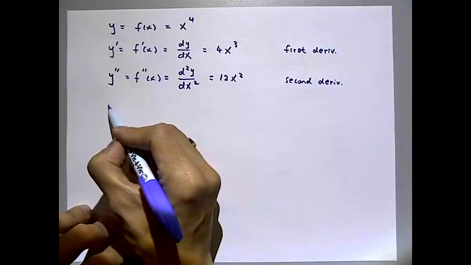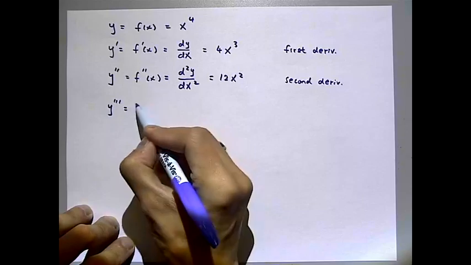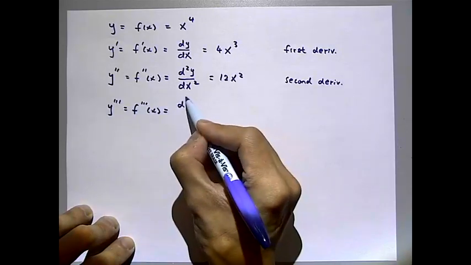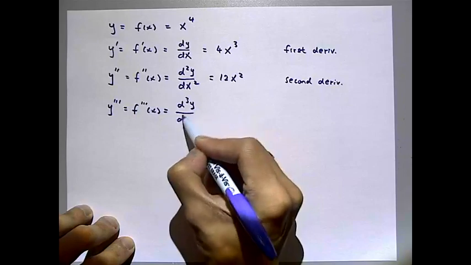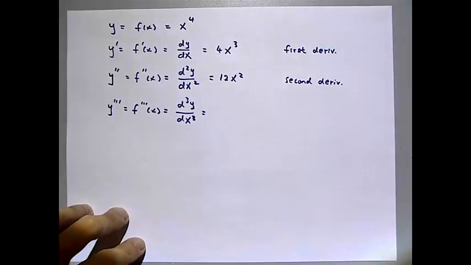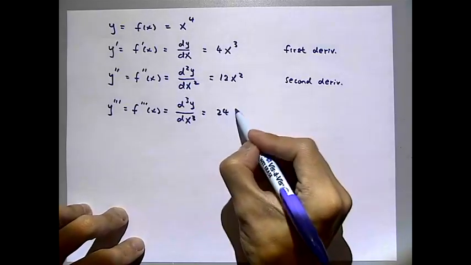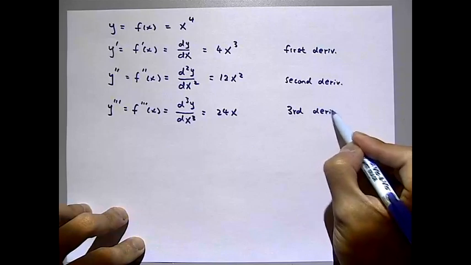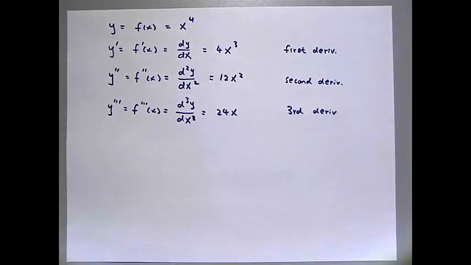Let's keep going for a little while. We're going to do y triple prime, f triple prime. And once you understand how the Leibniz notation works, any derivative beyond that is simple. 24x. This will be the third derivative. In the Newton notation, beyond 3, you no longer add these primes anymore.